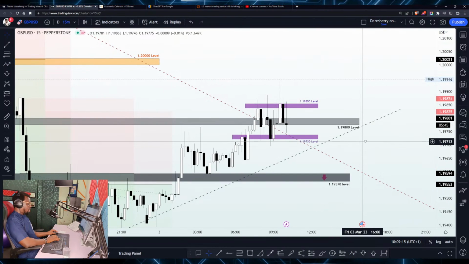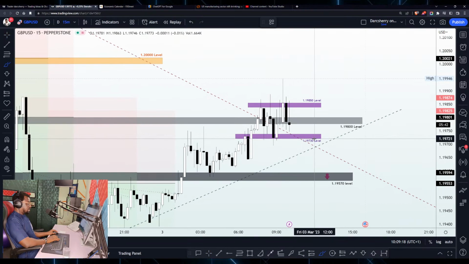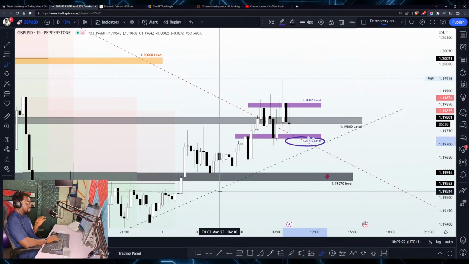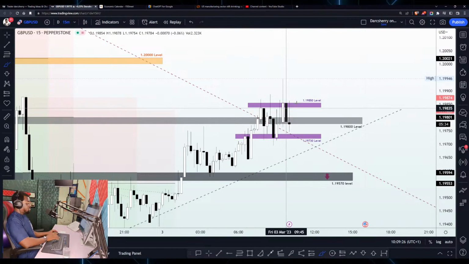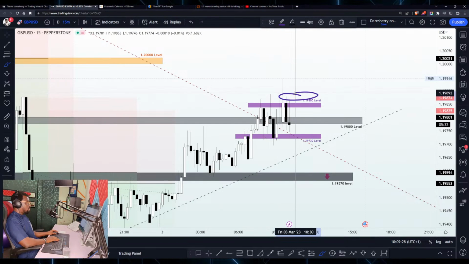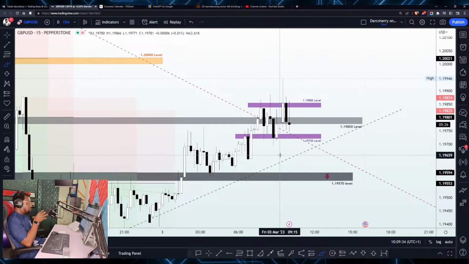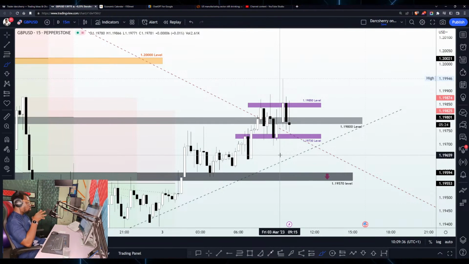So I will be having a sell stop order sitting right below the 1.19730 to join a bearish momentum from this current market structure, and a buy stop order sitting above the 1.19850 level to join a rally to the upside from this area. So let's see how price action is going to play out from this current structure.